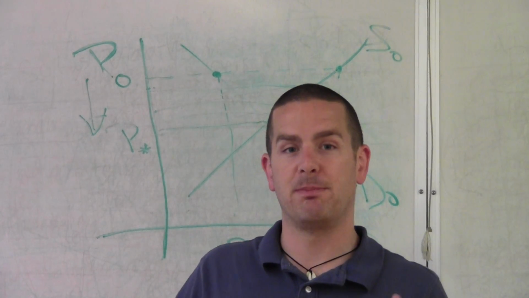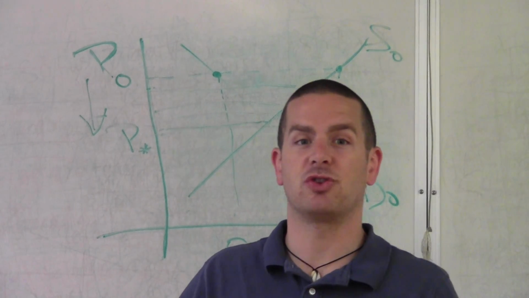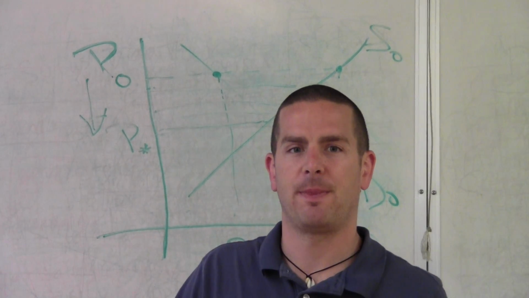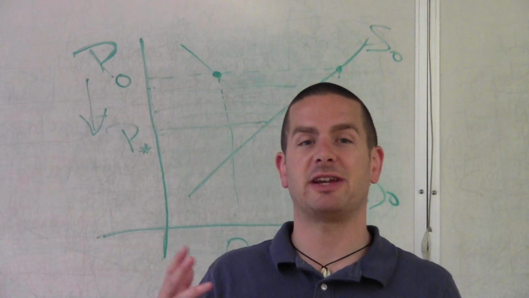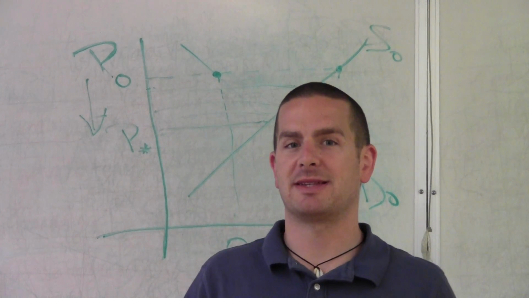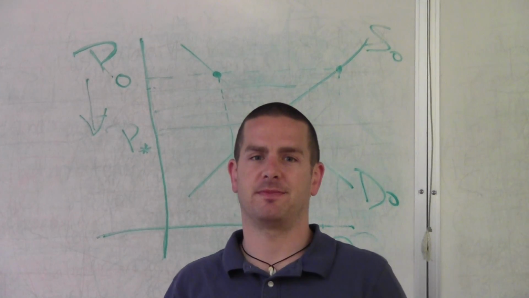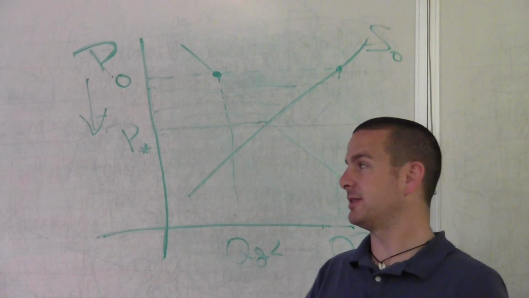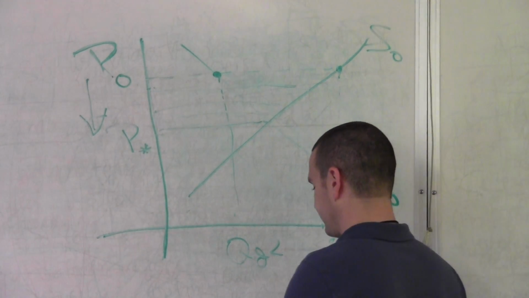Because if the quantity supplied is greater than the quantity demanded, that good is very easy to acquire, which means it's not that valuable, so the price falls until the market is in equilibrium, until the market clears.